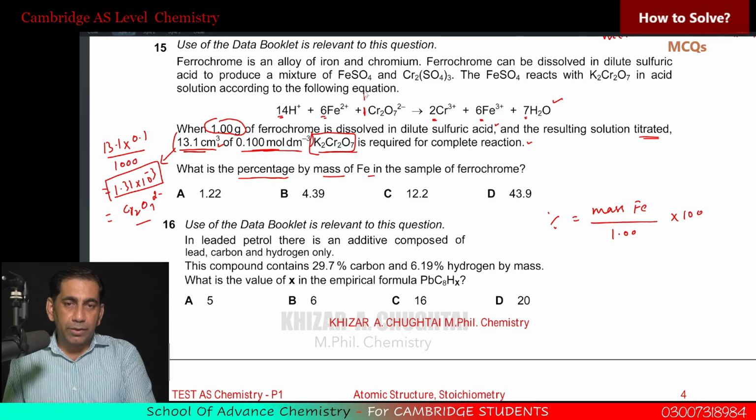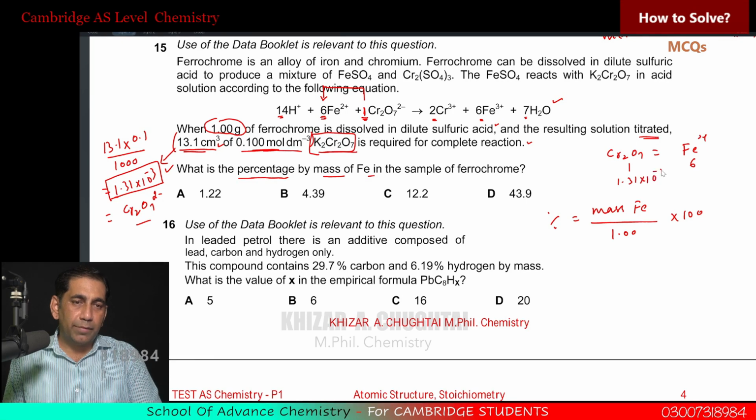From this balanced chemical equation, we can see that 1 mole of Cr2O7 is going to react with 6 moles of iron 2 positive ion. So 1 mole to 6 moles, Cr2O7 versus Fe, and 1.31 into 10 raised to power minus 3 is equal to 6 into 1.31 into 10 raised to power minus 3.